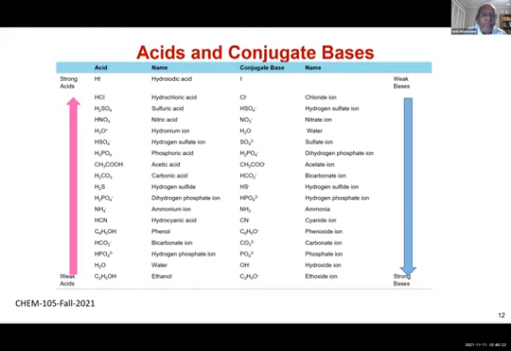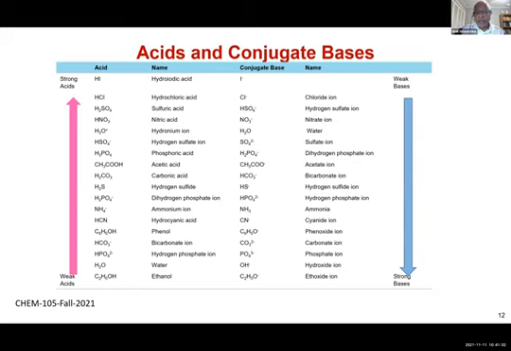Ammonium ion, and as you go down, there are others: bicarbonate ion, dihydrogen phosphate ion, water, and methanol. So you can see the stronger the acid, the weaker the conjugate base.